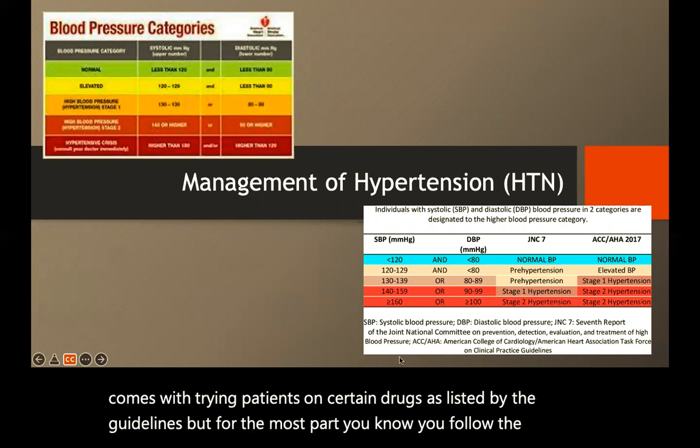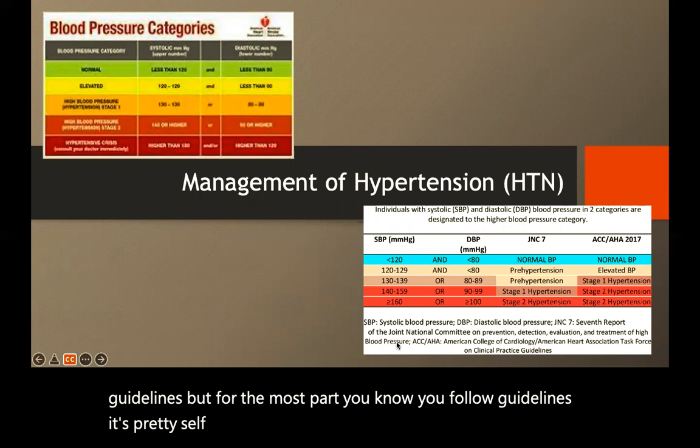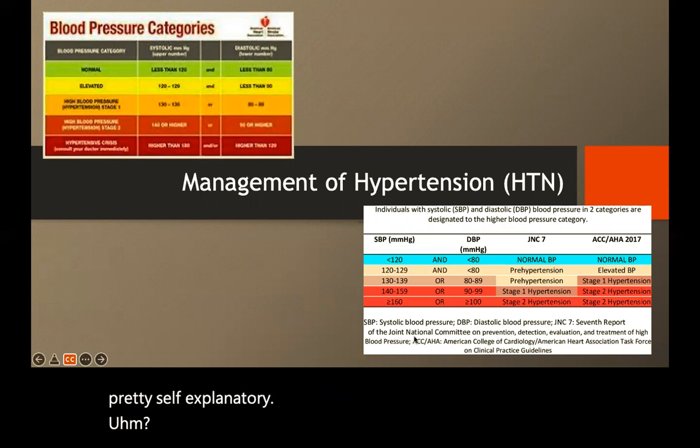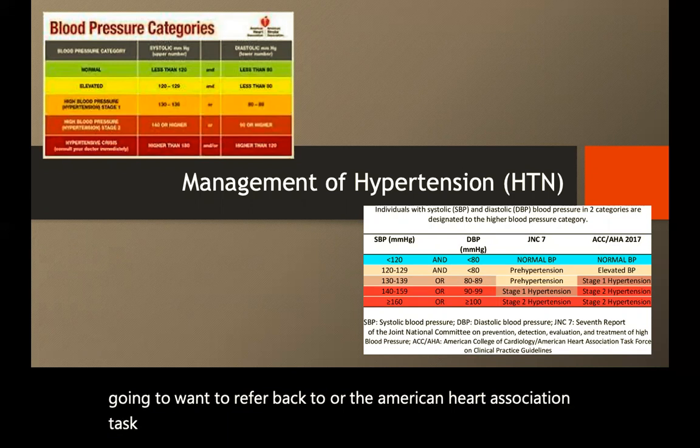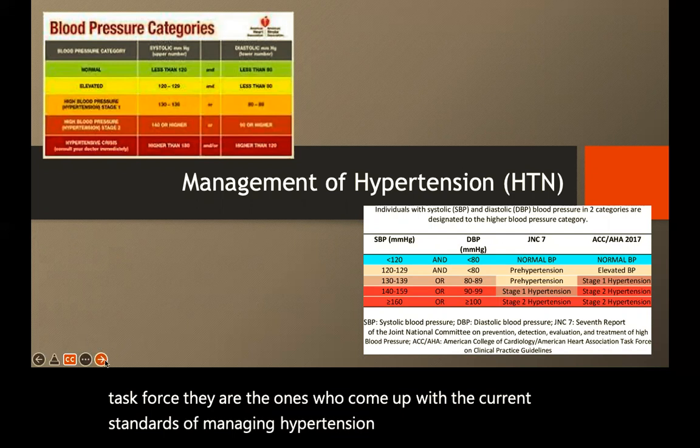It's pretty self-explanatory. The Joint National Committee, the JNC 7, is the report you always want to refer back to, or the American Heart Association Task Force. They're the ones who come up with the current standards of managing hypertension. So please make sure you keep up to date with that.